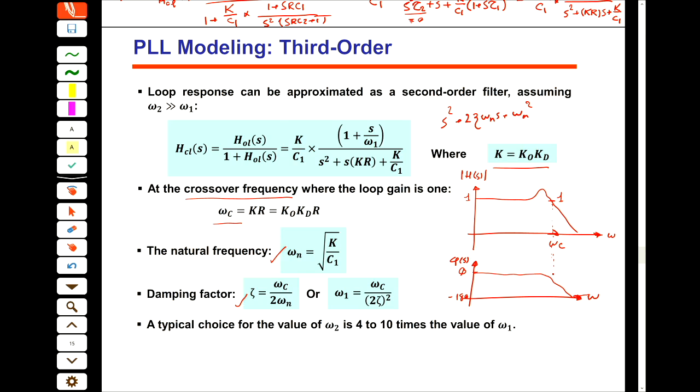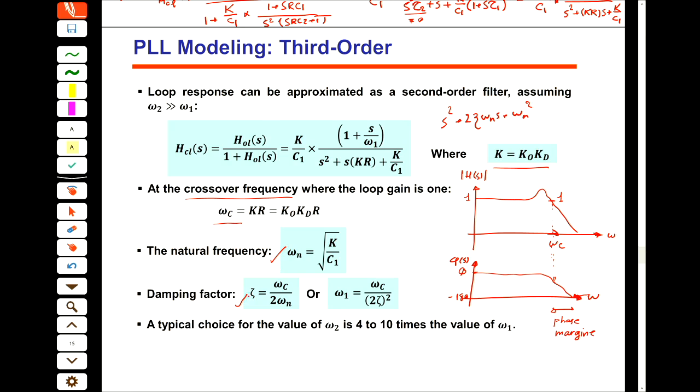From here to the point that we are reaching minus 180 degrees, this is our phase margin, based on this omega c and the point where our phase is minus 180 degrees. So this is omega c, or crossover frequency.